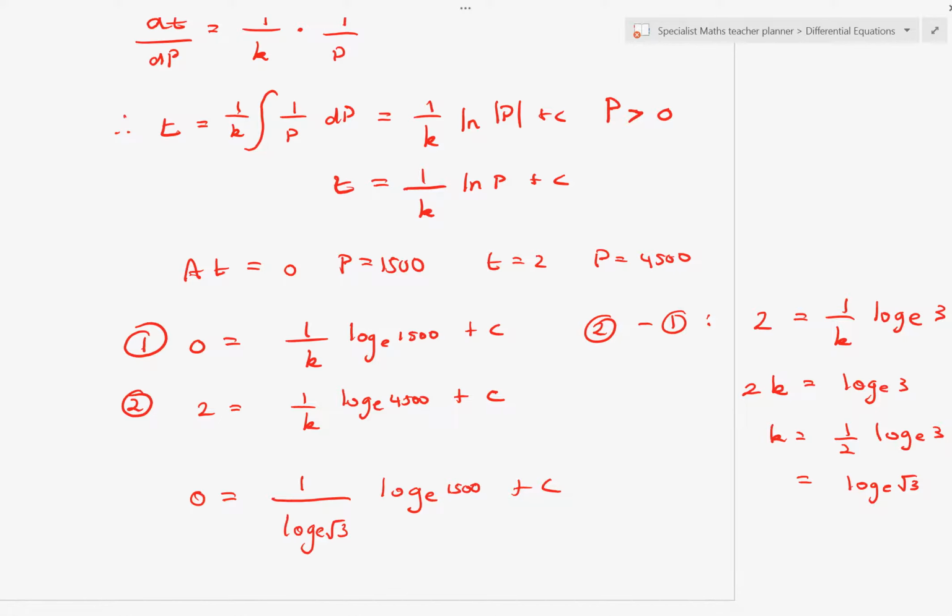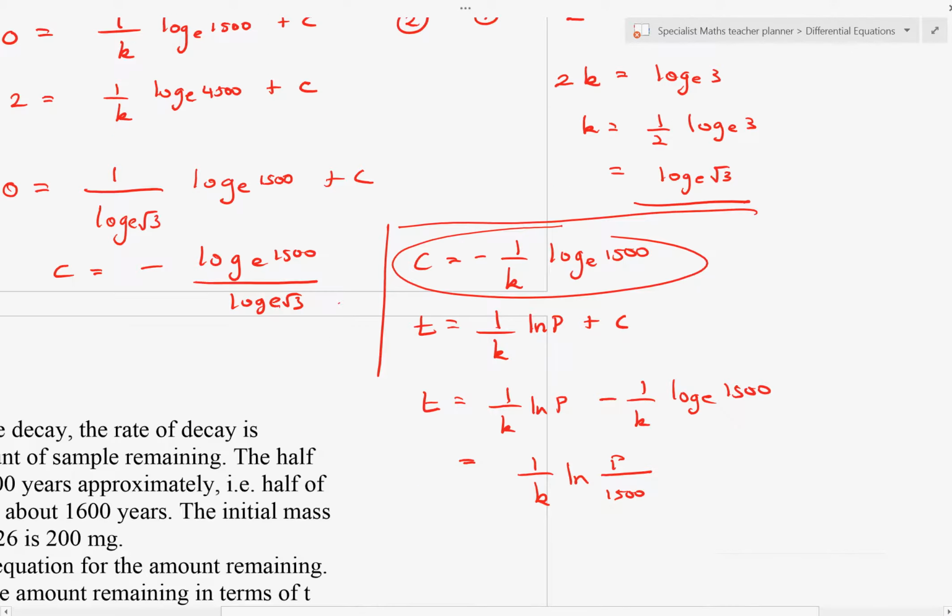I'm going to pause this here. So I've just resumed the video now because we have a value for c, and we also had our differential equation that we solved to have t in terms of c. To find c though, rather than go ahead and use this, by finding this log e to the root 3, we couldn't have applied log laws there. Okay? So I left that value of k there.